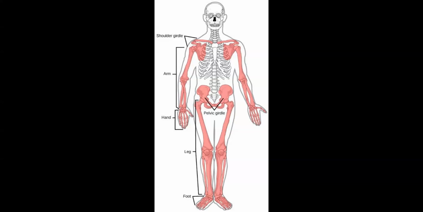How many bones are included in the axial skeleton? 80. Good beginning. And the total number of bones in the adult human body is 206.